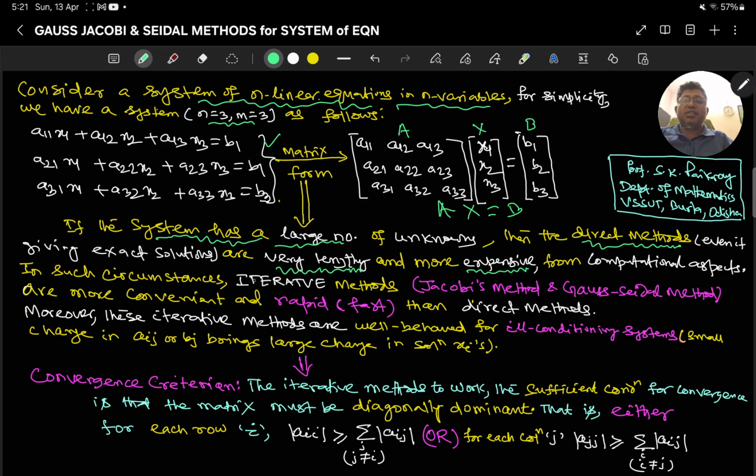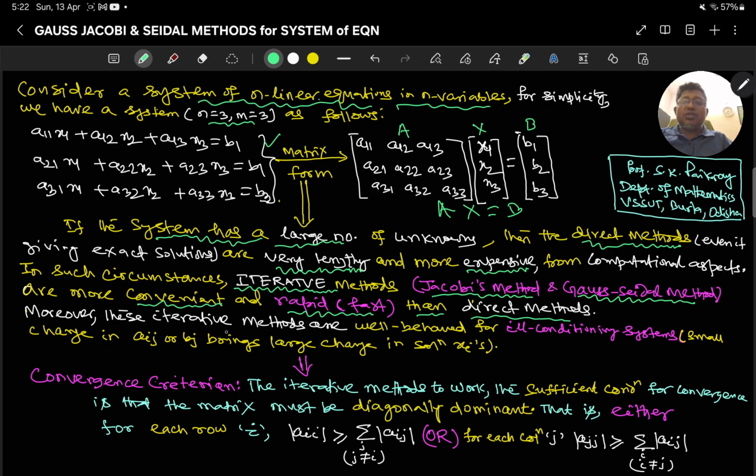So in such circumstances the iterative methods, namely the Jacobi method or Gauss-Jacobi method and Gauss-Seidel iteration method, are more convenient and rapid. It is faster than the direct methods, right? So for a large number of variables, from a practical point of view, we use the iterative methods because it is easy to create the computational aspects.